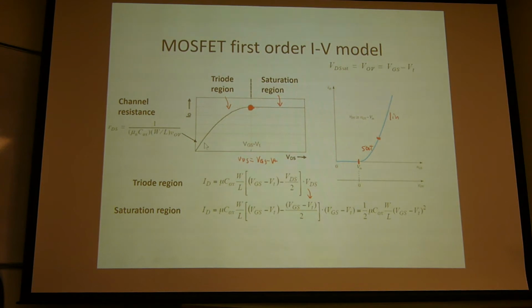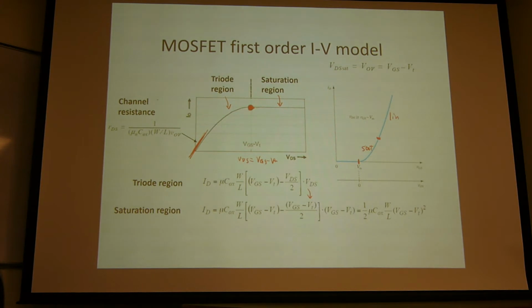And here, as we discussed, if the VDS is very small, you can ignore the second order term. If you ignore the second order term here, that means you are going to take the slope of this one. So the current is proportional to the drain voltage. That means it's like a resistor.